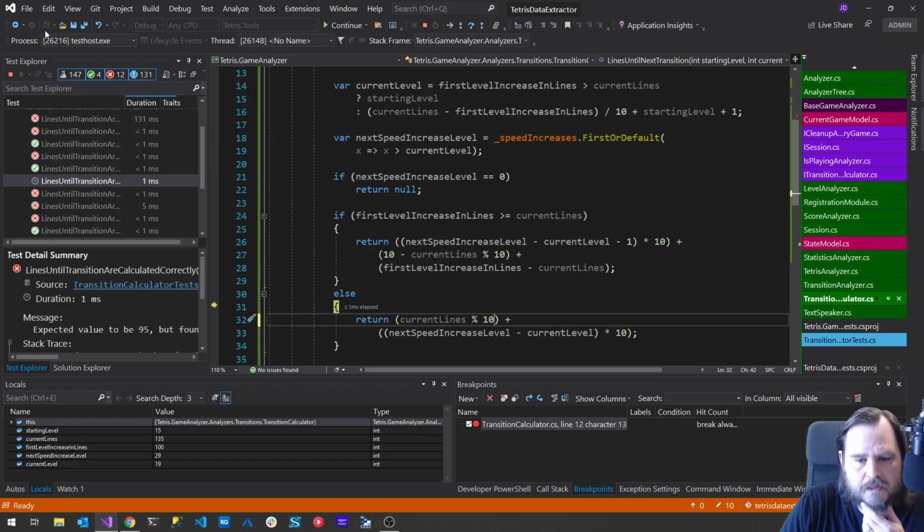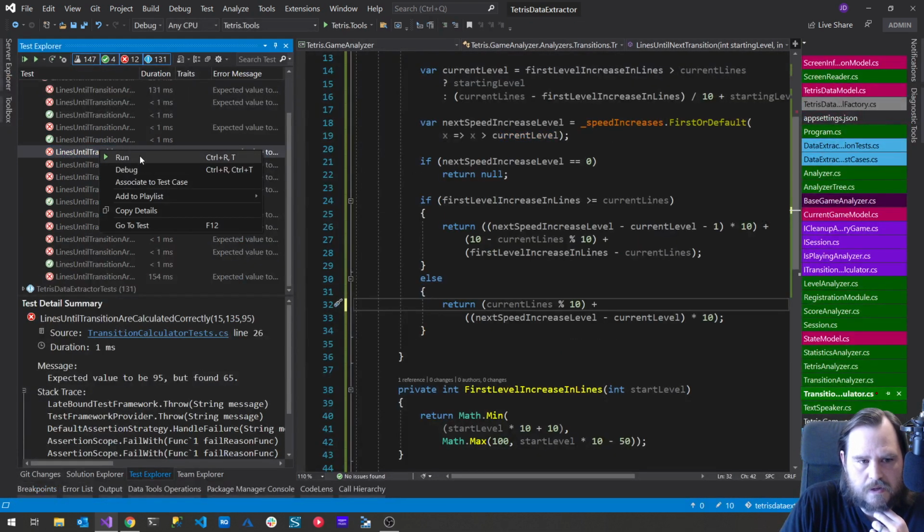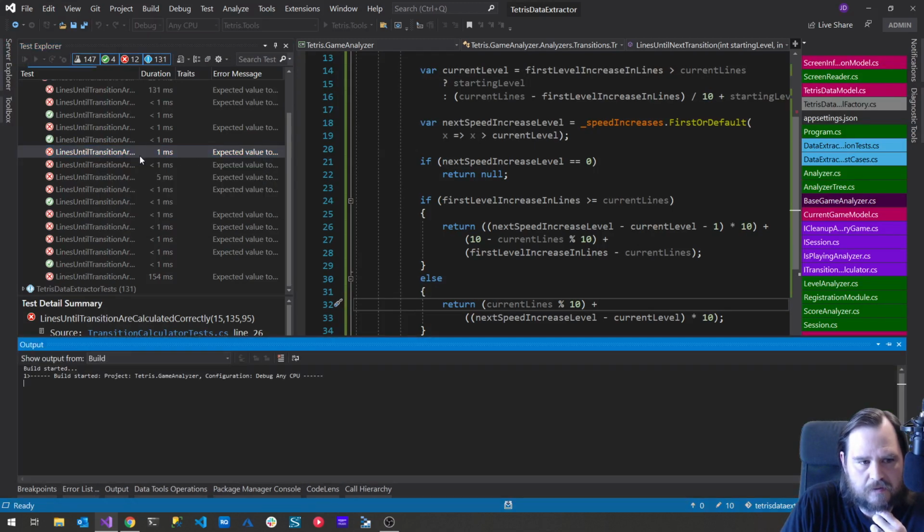Current lines mod 10. That's just the remainder. Do you have 5 or 6 or 7 after a level increase? So this should work. Actually, no, this will show 105.